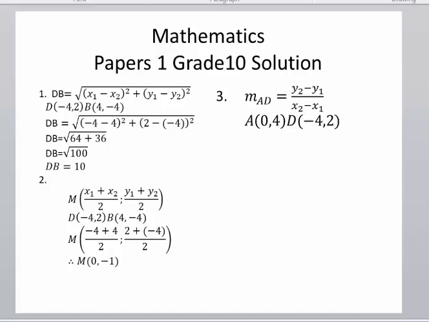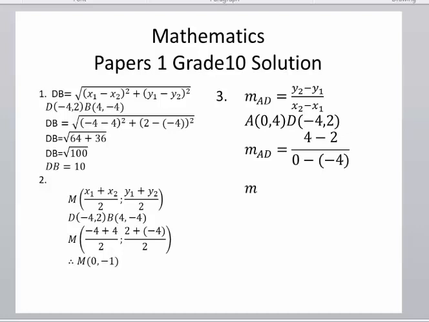Now you substitute into the formula. Y2 will be 2 and y1 will be 4, so you have 2 minus 4, and then you have 0 minus negative 4 as well.